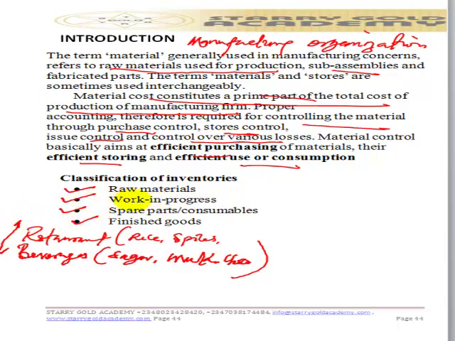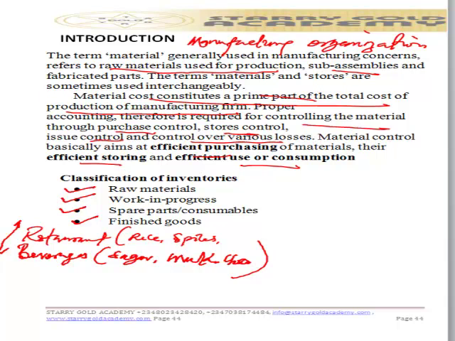Some products that are not fully completed in a particular organization may be what another organization would need for its own production, so it could serve as work in progress. Then we have spare parts and consumables that can be used especially for those in automobiles and mechanicals. Then we have finished goods that are equally used.